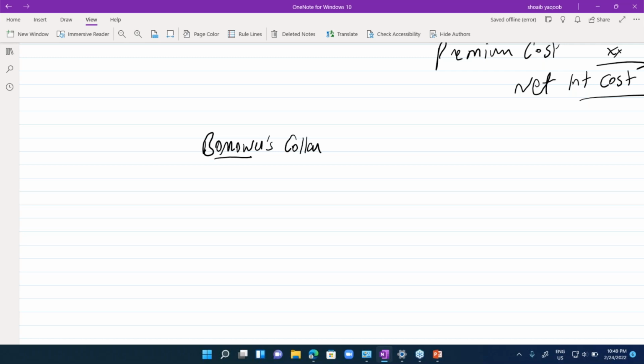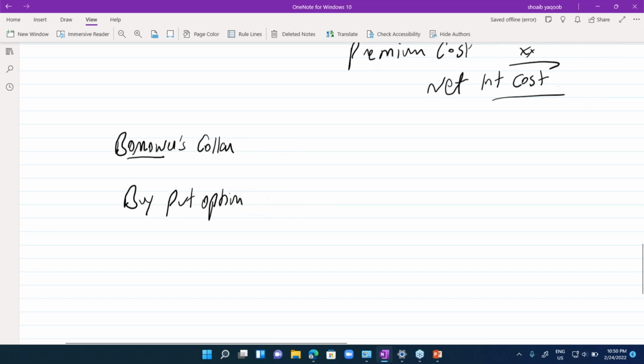Please tell me which option borrowers normally buy. Anyone? Borrowers. Is it the put option or the call option? Put option. Remember, everyone remember this, right? So borrower will buy put option.